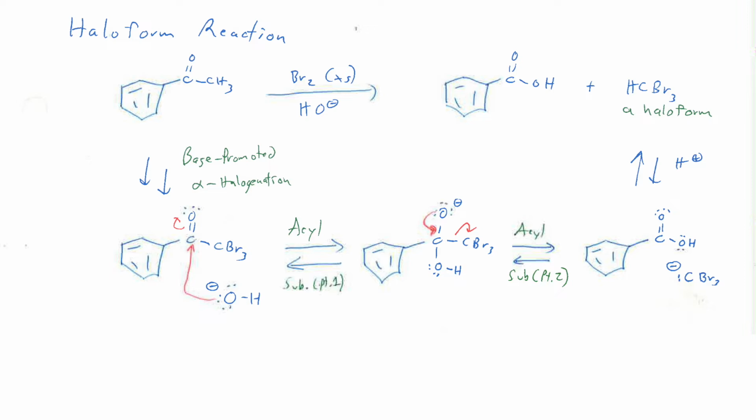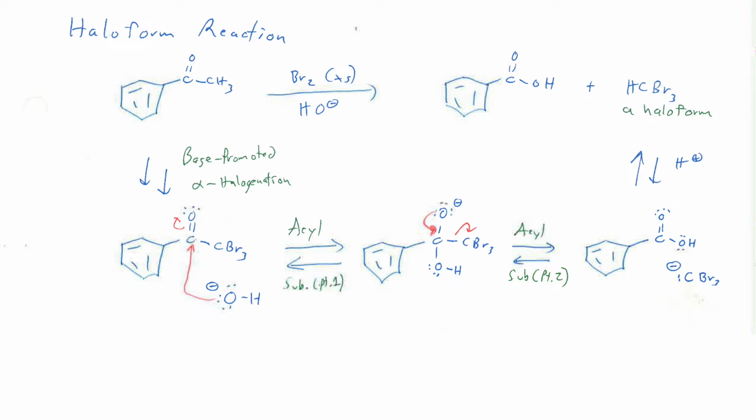There's actually a little historical interest with this reaction as well. Back in the days before they had spectroscopy to determine structures of things, structures were determined using experimental methods, wet chemistry. The haloform reaction was actually used as a test for methyl ketones. The idea is pretty straightforward.